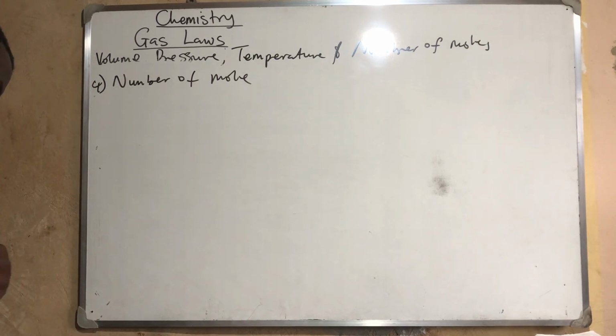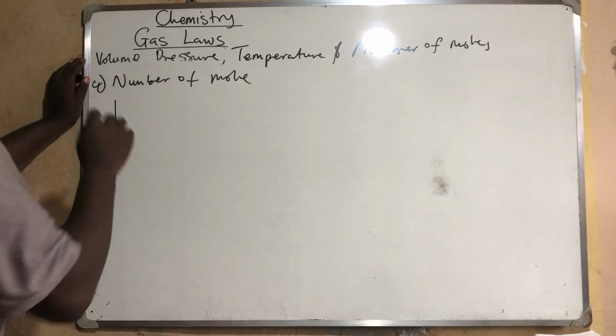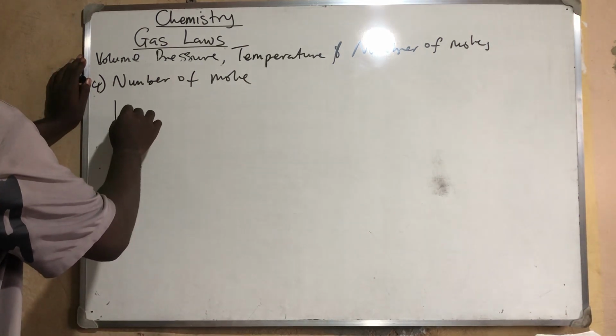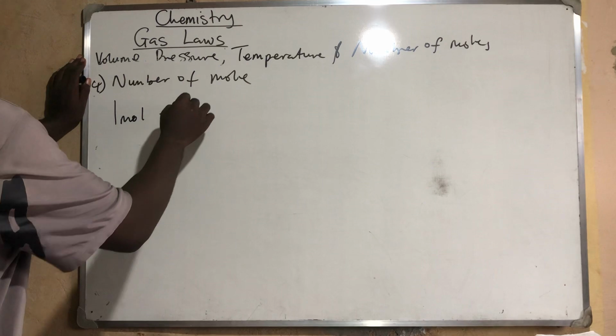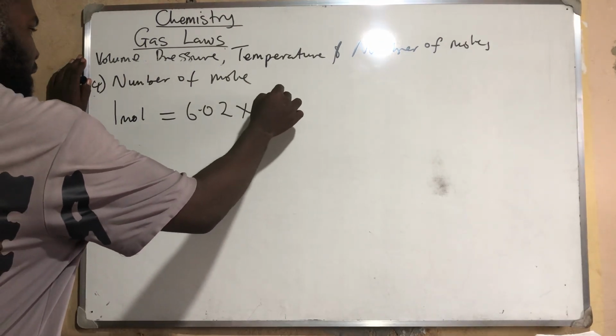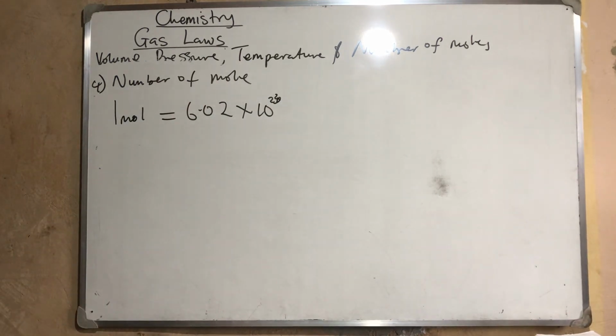The number of specified particles present in 1 mole of any substance is equal to 6.02 times 10 raised to power 23. You should know that one mole is equal to 6.02 times 10 raised to power 23 particles.